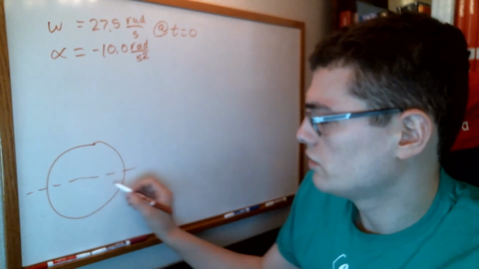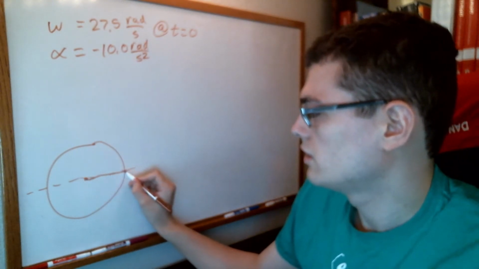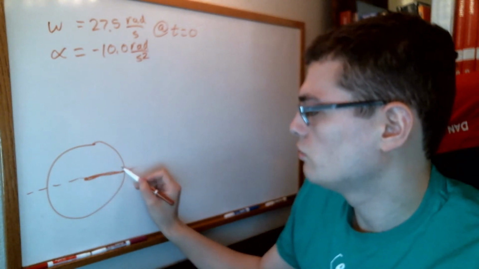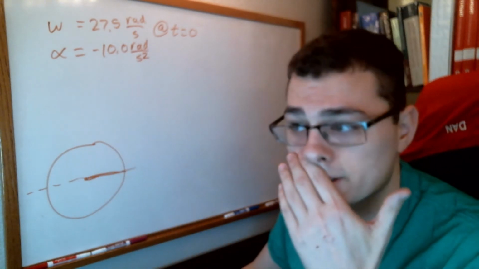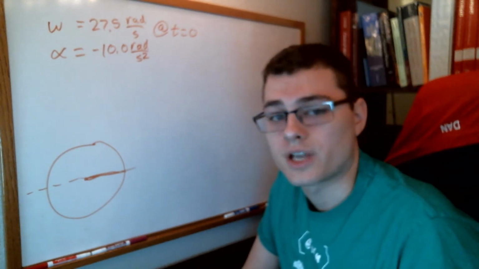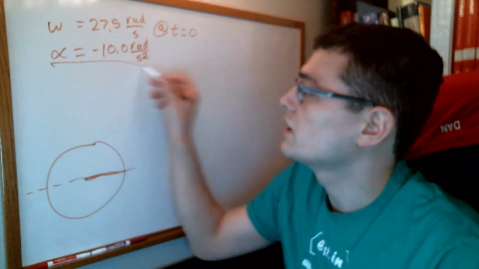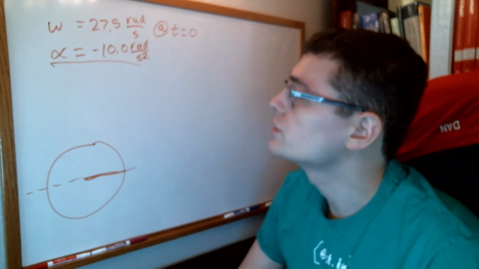And they want to know from this point, what angle does this line make with the x-axis after these 0.3 seconds? So what we can do is we have this constant angular acceleration here.